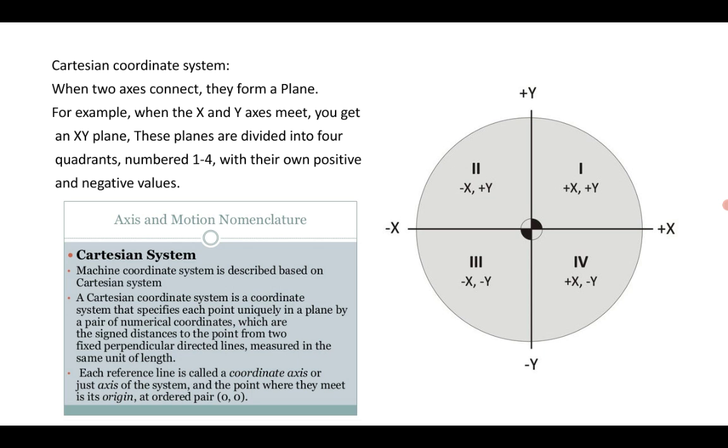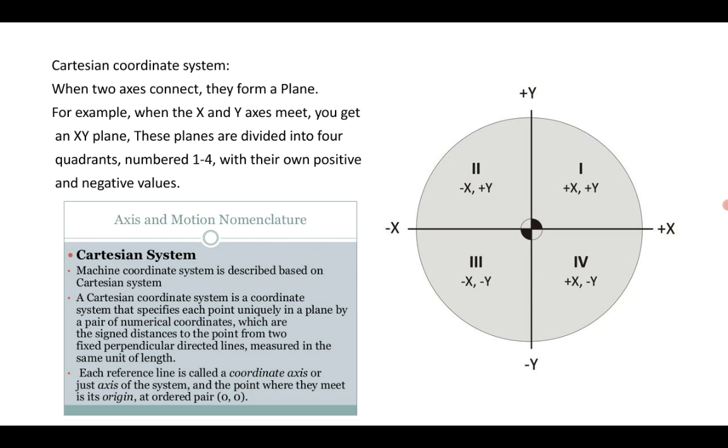The machine coordinate system is described based on the Cartesian system, that is the Cartesian coordinate system. It specifies each point uniquely in a plane by a pair of numerical coordinates, which are the signed distances to the point from two fixed perpendicular directed lines measured in the same unit of length.